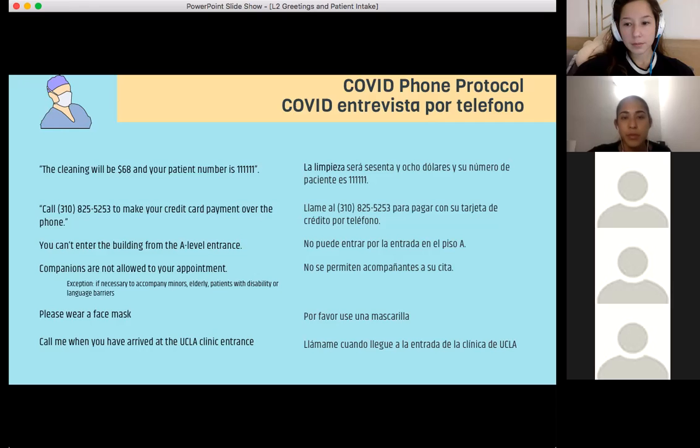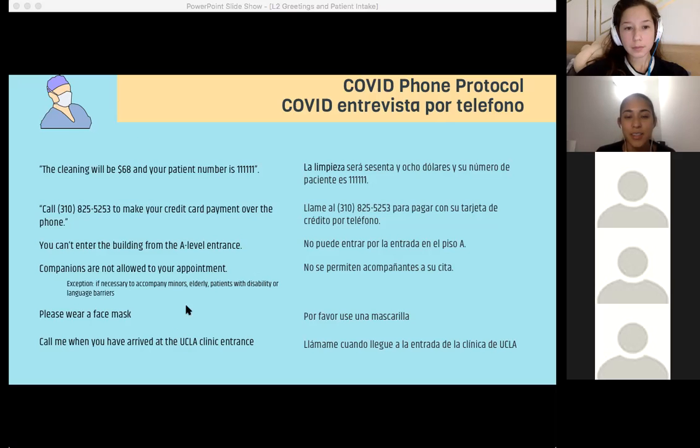I have a question. For that last sentence, it says llámame cuando llegue. Do you know why it's conjugated as llegue? Is that the subjunctive? That's the formal, the usted form, like cuando usted llegue.